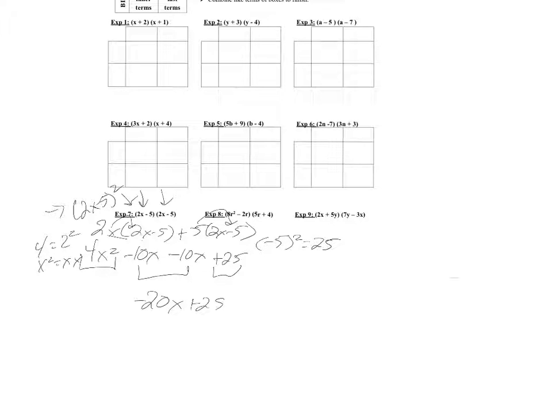All right? So this has a name. Ones like these are called perfect square trinomials. The reason why it's a perfect square trinomial is our first term and our last term are perfect squares. Our middle term has been doubled.